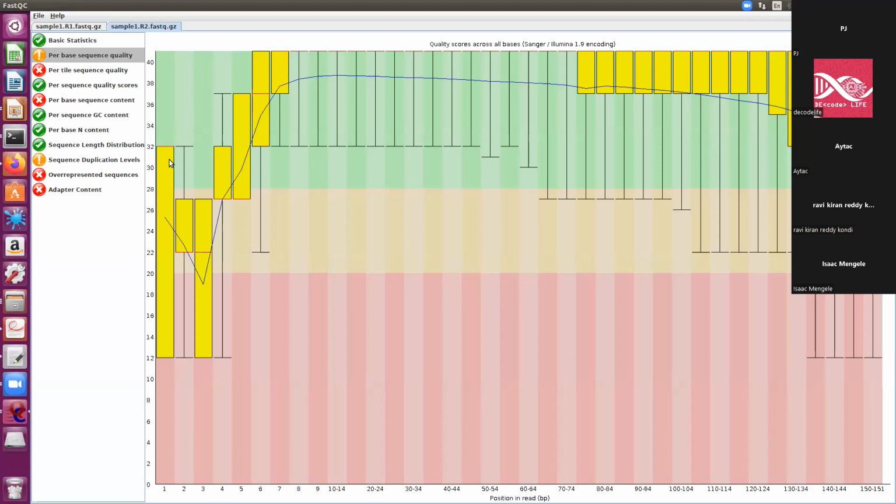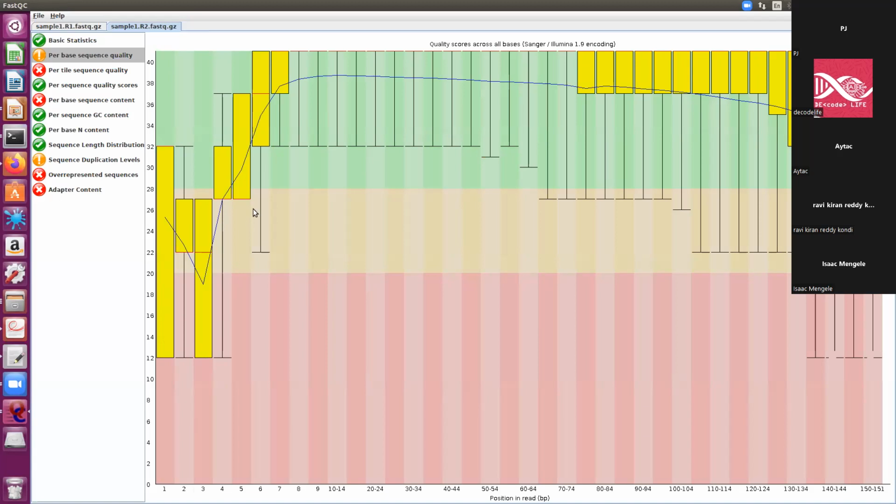So you see how poor it is, so we will trim it very properly. You see that the initial bases 1, 2, 3 dip below the Phred Q score of 20. Such poor bases are being called.